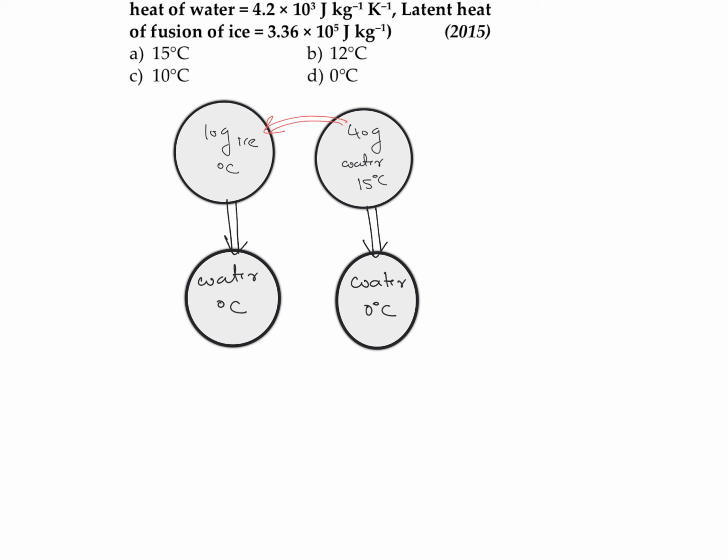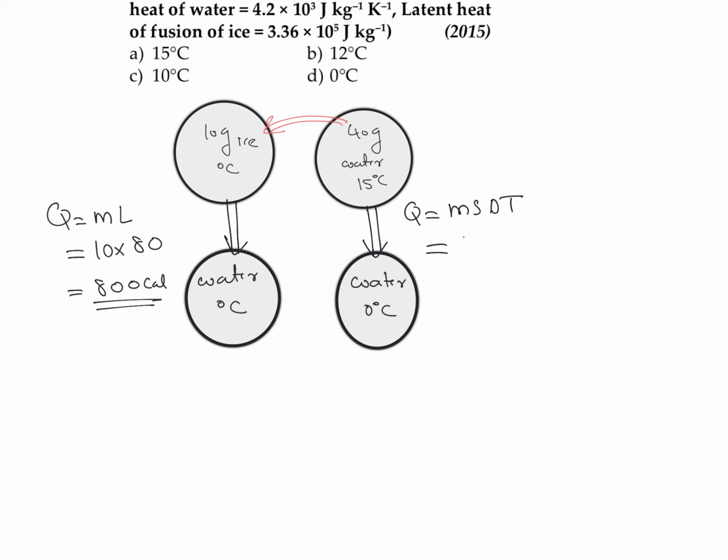For the first process we can write the amount of heat energy required as Q is equal to M into L. M is 10 gram and the latent heat of ice is 80, so we require 800 calorie of heat energy. On the right hand side we use Q is equal to M into S into delta T, as there is a change in temperature.